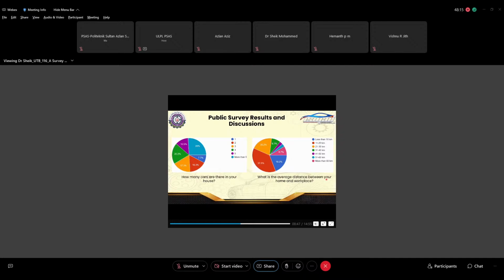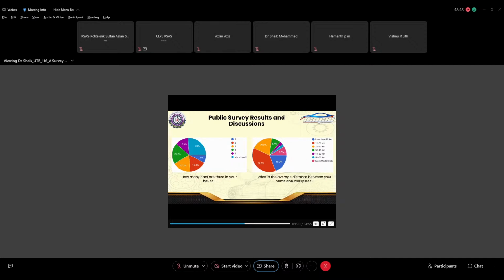The average distance between the workplace and their home was the second question, and 37.5% are working at a distance of 11 to 20 kilometers. 19.2% travel less than 10 kilometers for their work, and 20.2% travel 21 to 30 kilometers for their work.